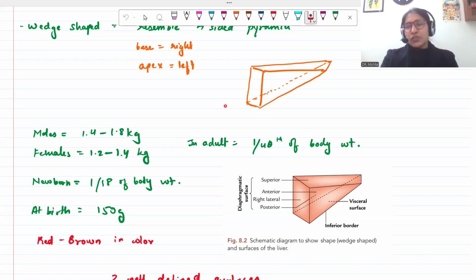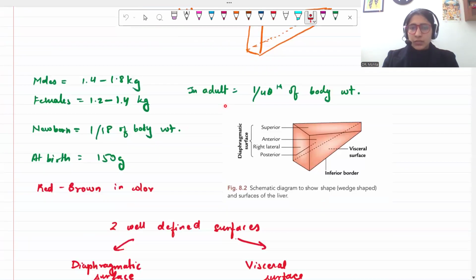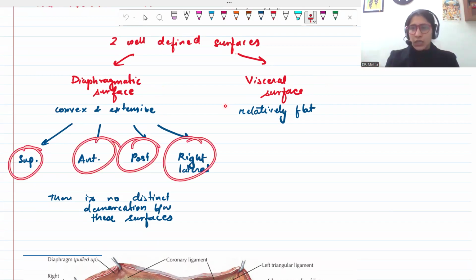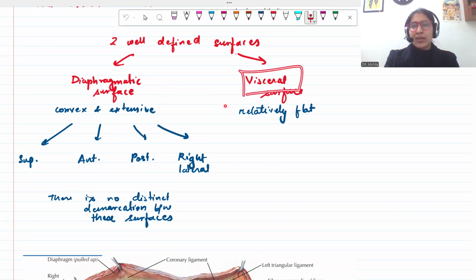The inferior surface, on the other hand, is the visceral surface itself. Got it? देखो, diaphragmatic surface and visceral surface divided into four other surfaces, and visceral one is the inferior surface only.